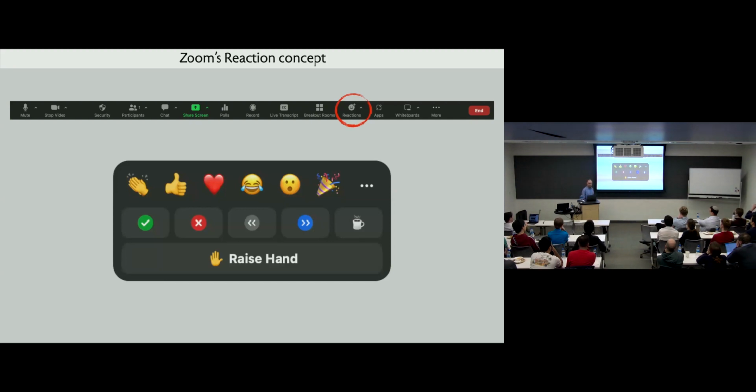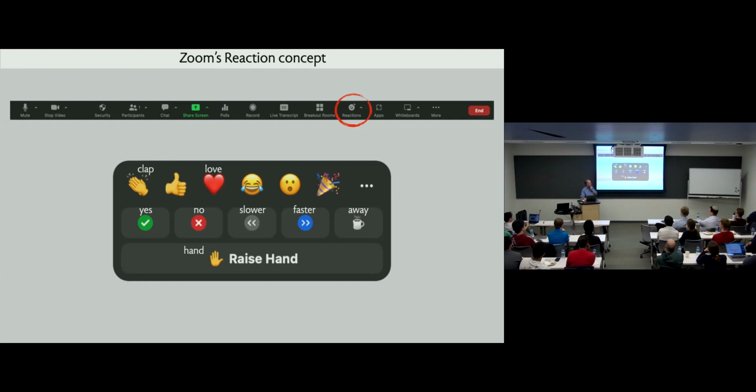In some sense, this is a straightforward concept. When you click on one of these things, it produces a little icon that comes up. So you might say there's an operational principle, and the purpose is to somehow notify the other people in the chat. But once you start to think about these things, and there are many of them, you can clap, you can send love, you can say yes or no, slower or faster, you can say you're away, you can raise your hand and so on.